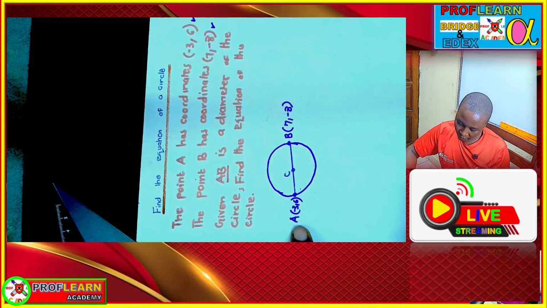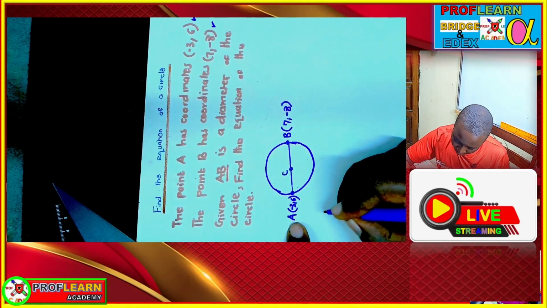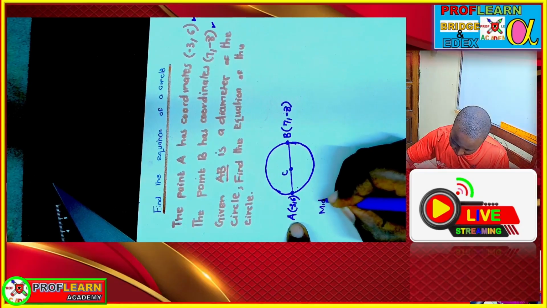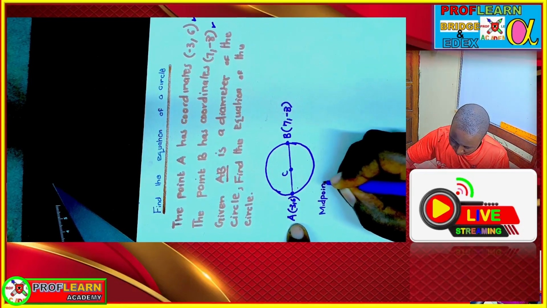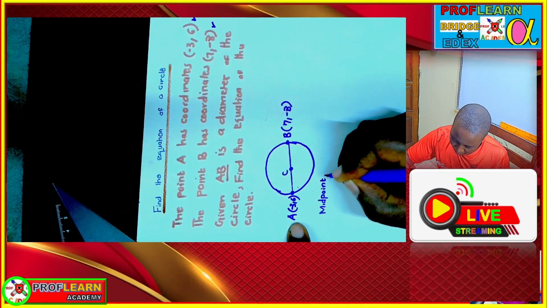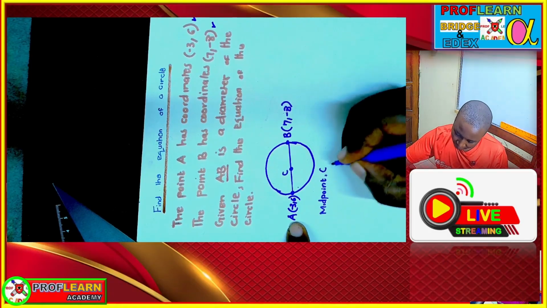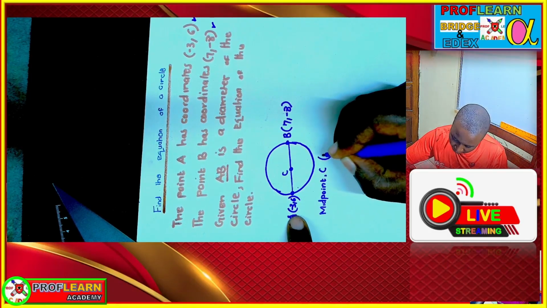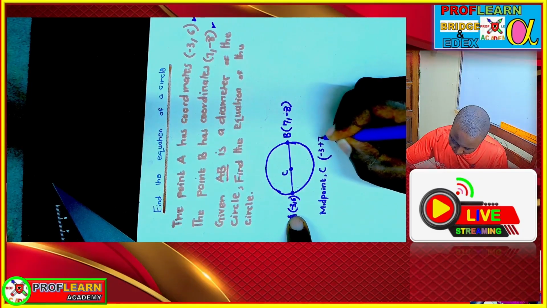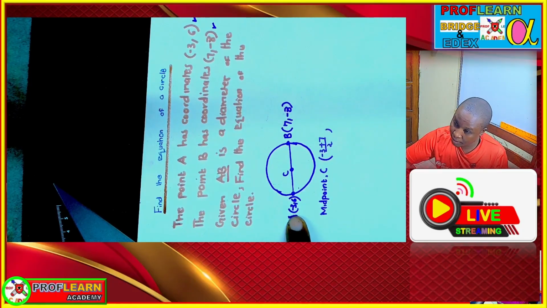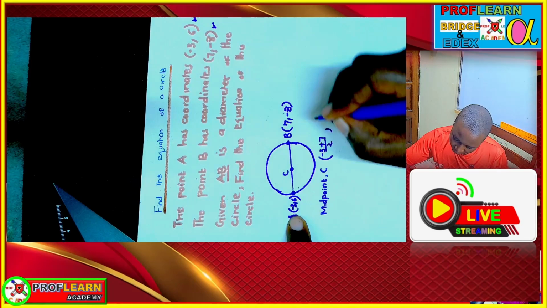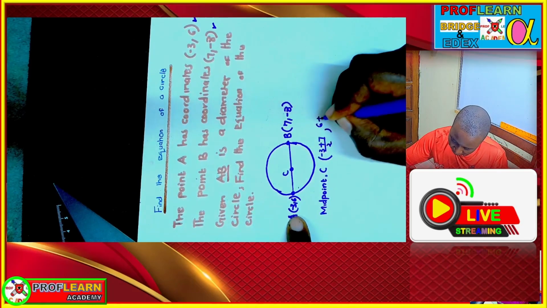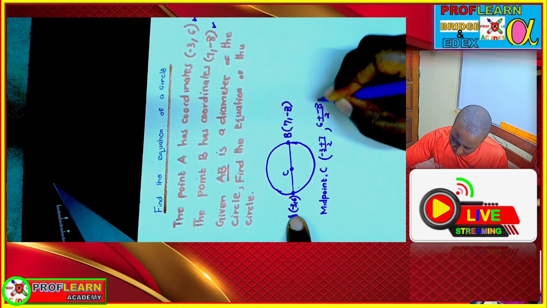So how do you find the center of this circle? We are going to use the midpoint, and the midpoint is going to give us the center, which means that the coordinate of the midpoint is going to be negative 3 plus 7 over 2, comma 6 plus negative 8 divided by 2.